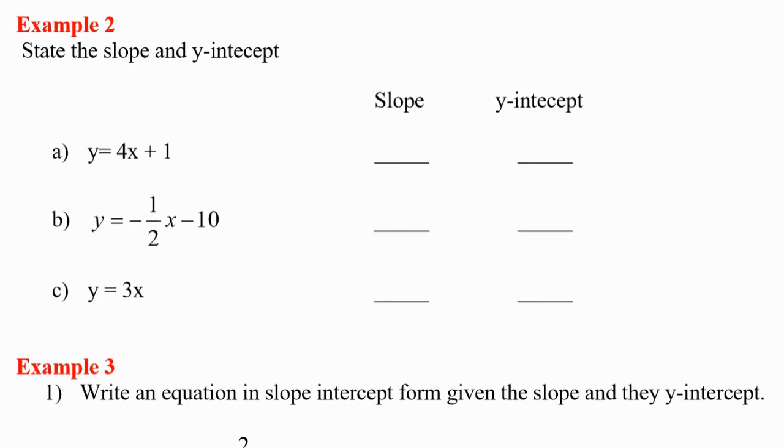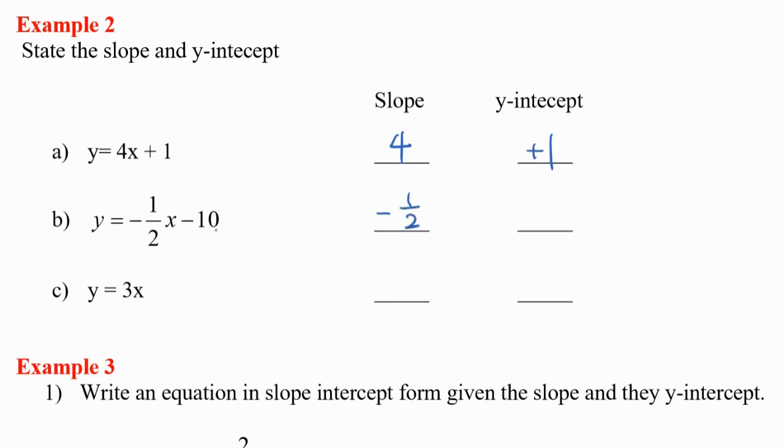Alright, here, state the slope and y-intercept. So what's the coefficient of x? That is 4. 4 is the slope. The y-intercept is positive 1. So you have to include the sign. Alright? Next, the slope is negative 1 over 2.